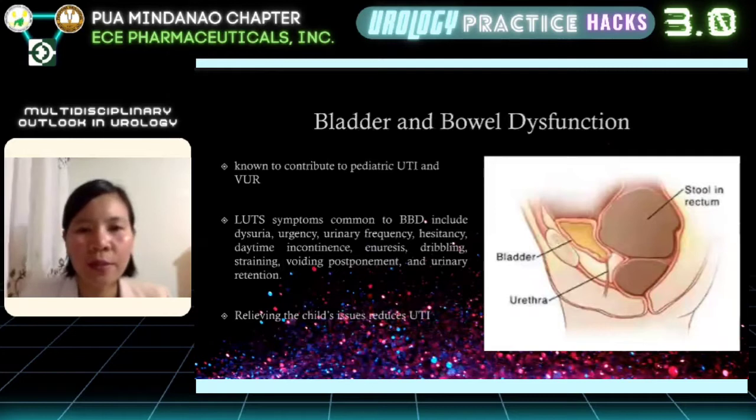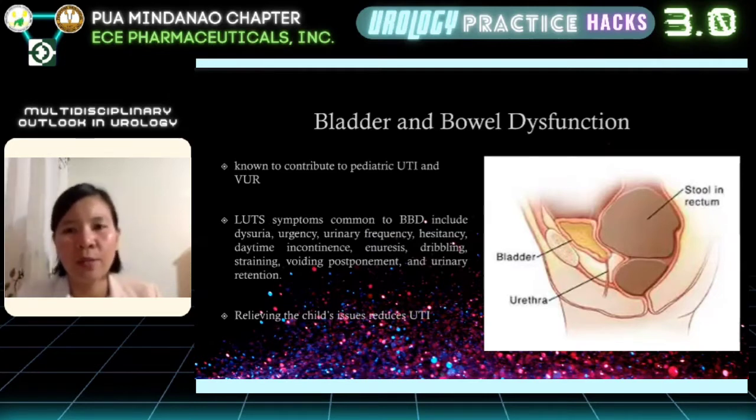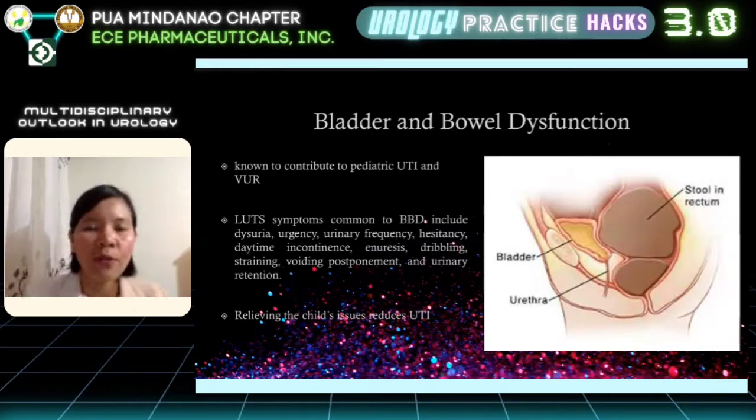Another risk factor that can cause recurrent UTI in children is bladder bowel dysfunction. It is very common in children, but likely underdiagnosed in the pediatric population.